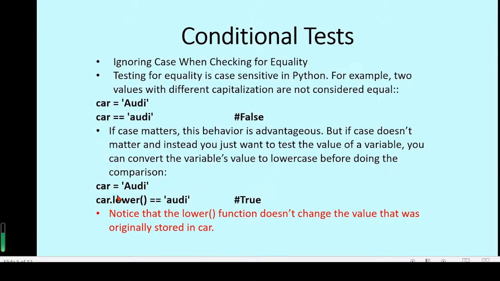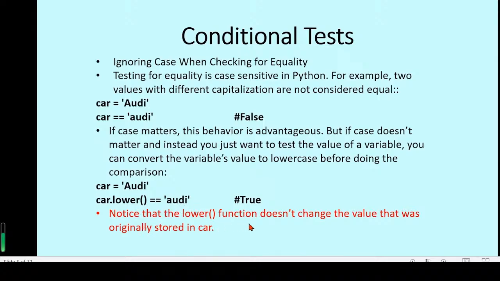So we again assign the value Audi in title form to car. Then we check the condition if the value is equal to audi in lowercase. But before we run this double equal sign, we add car.lower to transform the car's case to lowercase before we do the condition test.